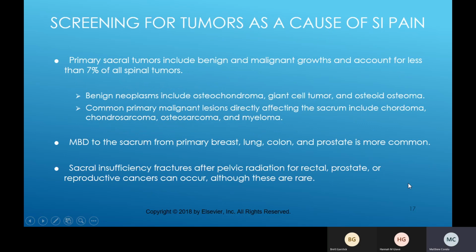Now, when it comes to tumors at the SI, they are rare. Primary sacral tumors include benign and malignant growths and account for less than 7% of all spinal tumors. Now, take that information and map it onto how prevalent spinal tumors are in the general population.